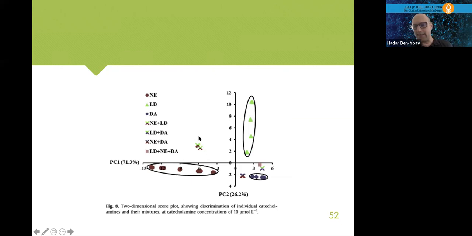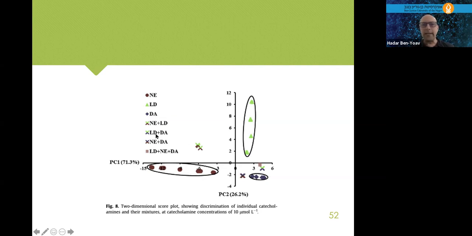It actually makes sense because if this is only norepinephrine and this is only L-DOPA, when you have a mixture of both, it falls in the middle because the variability is contributed by both. Same for L-DOPA and dopamine, or norepinephrine and dopamine.